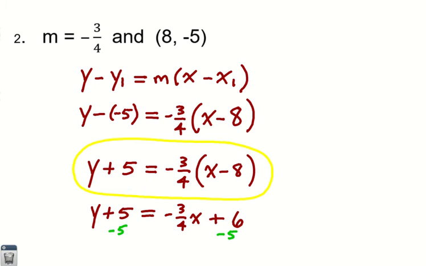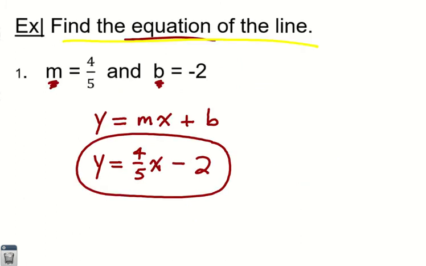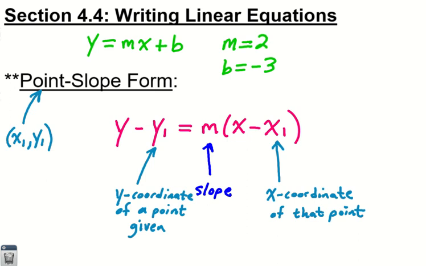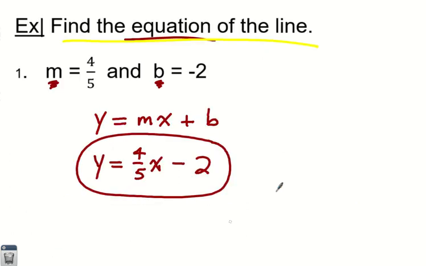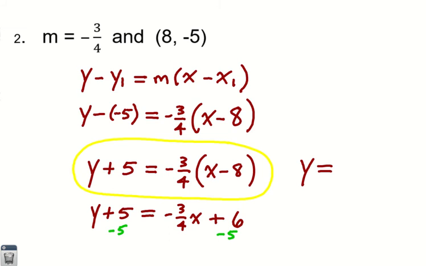And so y will be by itself, which, listen gang, is essentially what slope-intercept form is. Slope-intercept form is basically when the y is isolated on the left side all by itself. And so by subtracting 5 from the other side, I've now gotten y by itself. And I can subtract the 5 from the 6 and get 1.